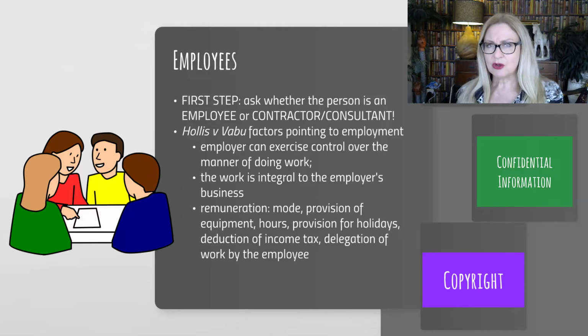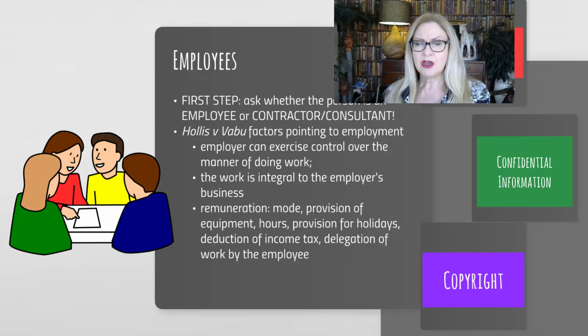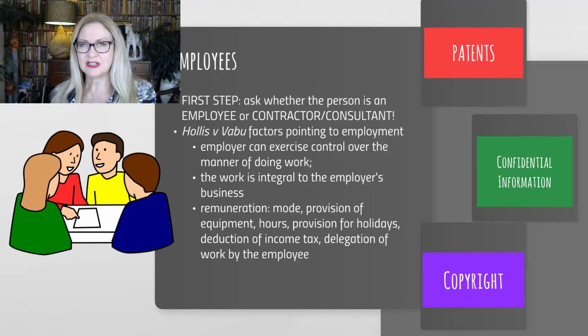In that case, the High Court rather helpfully set out a stack of factors that would point to an employment scenario rather than an independent contractor scenario. The court below had thought that the bicyclist working for Crisis Couriers might have been an independent contractor because he had purchased his own bike and was riding his own bike, buying his own accessories and so forth.